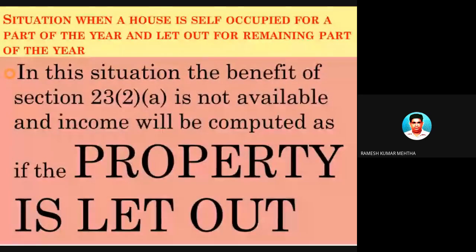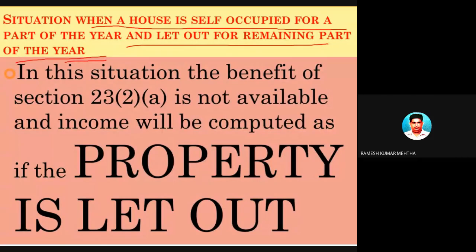Next is the fourth situation, a bit complicated, but there is a situation of this kind also. The fourth situation is when a house is self-occupied for a part of the year and let out for the other part of the year.